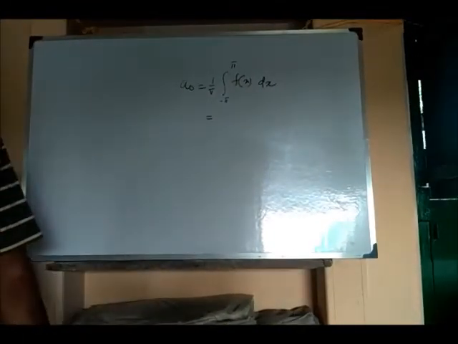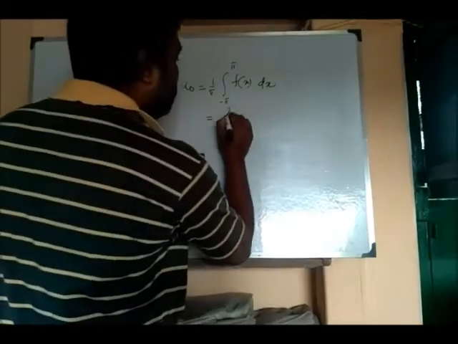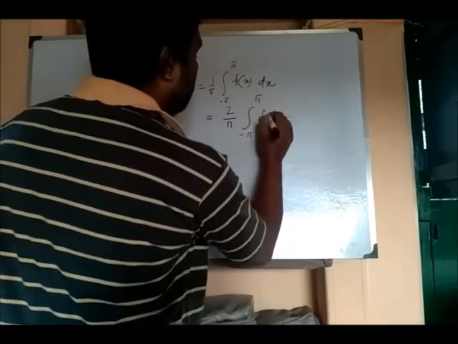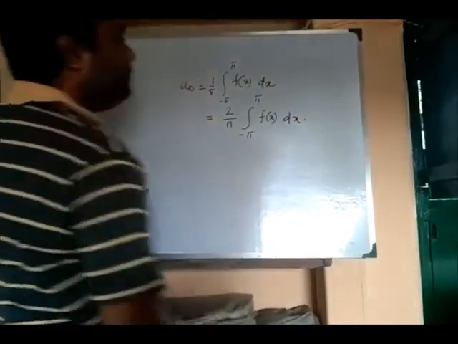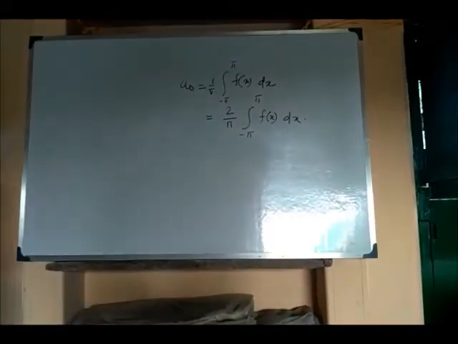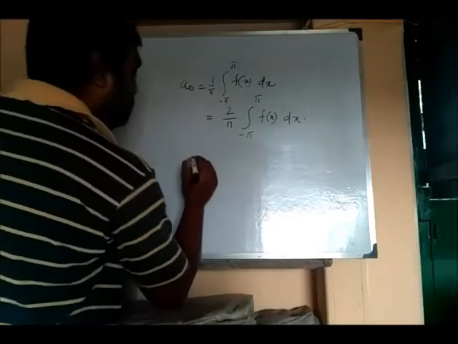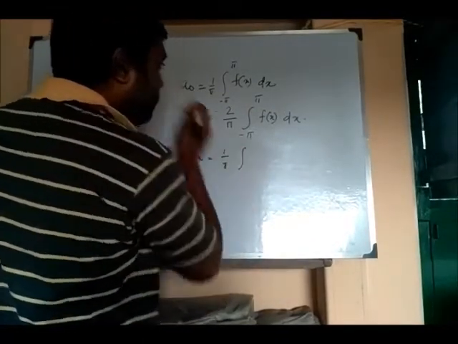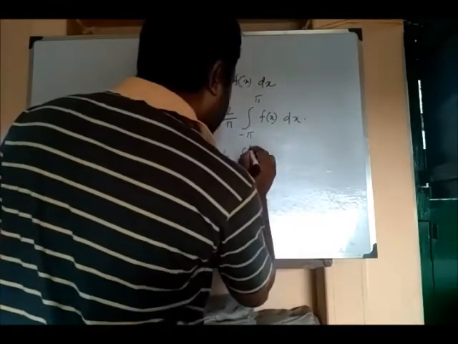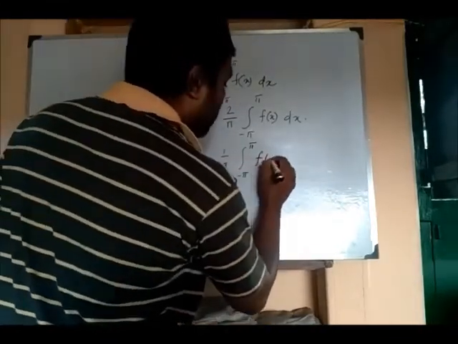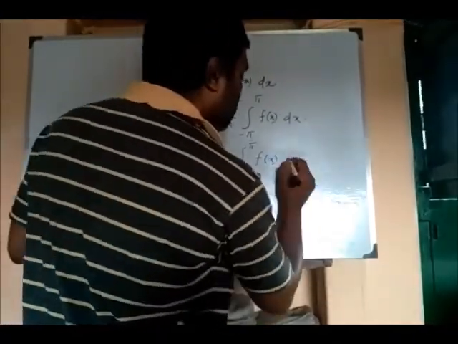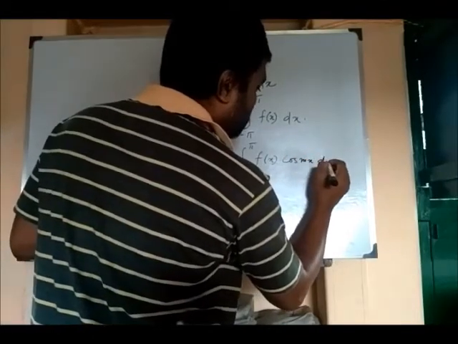So a0 becomes 2 divided by pi times the integration from 0 to pi of f(x) dx. Similarly, a_n is 1 upon pi, integration from minus pi to plus pi of f(x) into cosine mx dx.